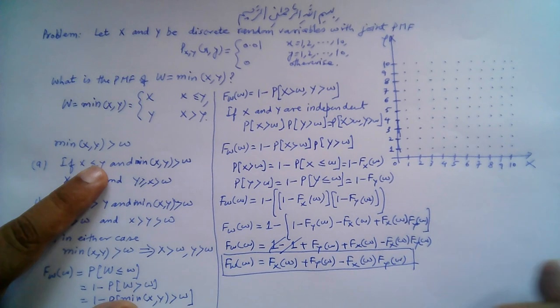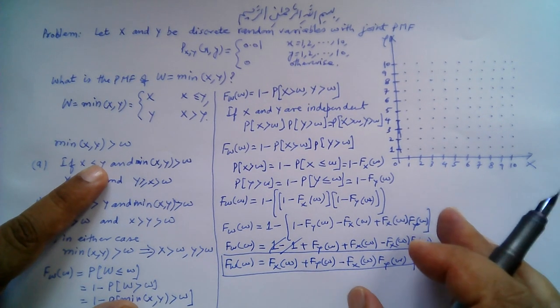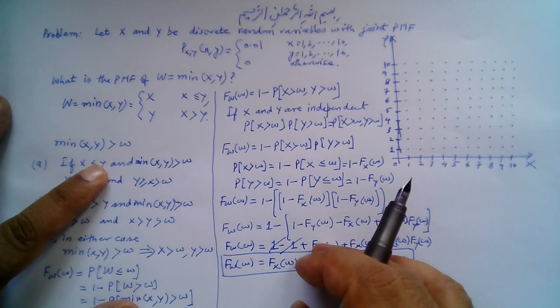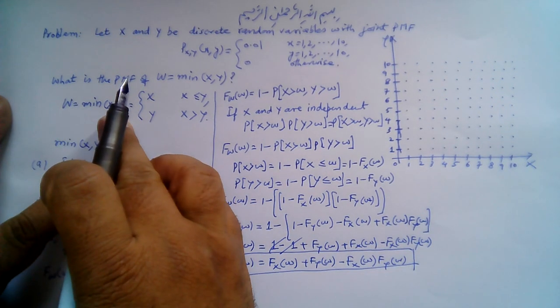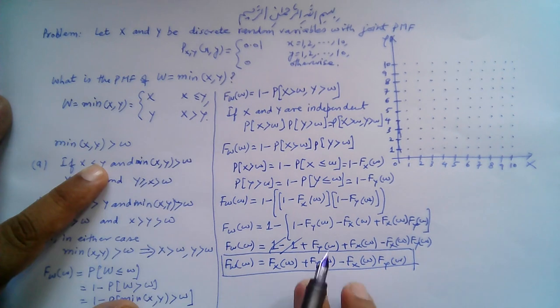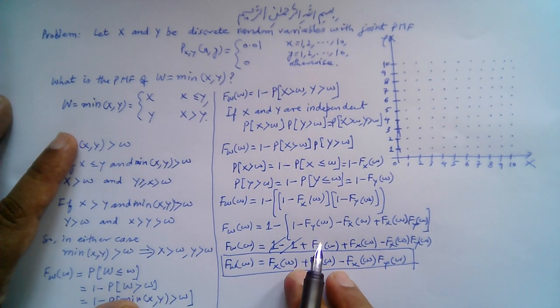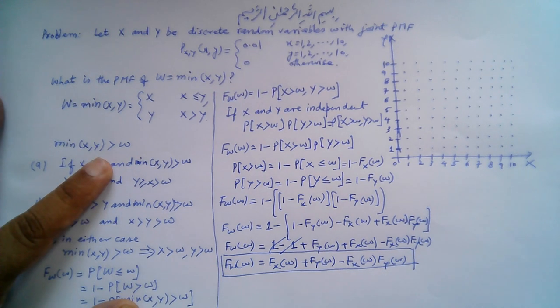So now let's move towards solving the actual problem. This is the general relationship for this case, W is equal to min of X comma Y. For the given problem, let's consider some random value W here.